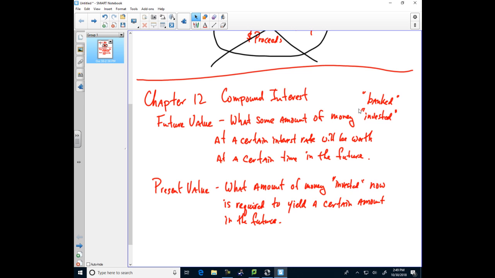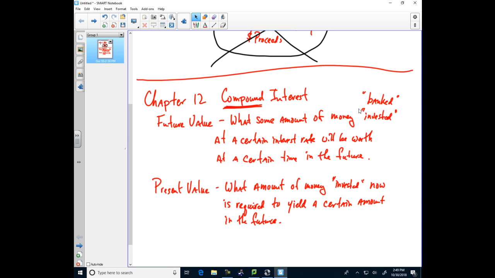There's a difference. With future value, you know what you're starting with. You don't know what you're going to end up with. Present value, you know what you want to wind up with. The present value is what you've got to start with. Okay? So with both of these, we're dealing with compounding, and I'll talk about that here in a moment.